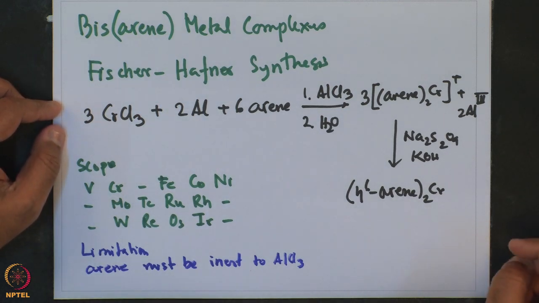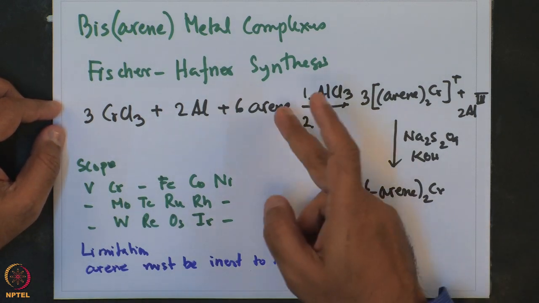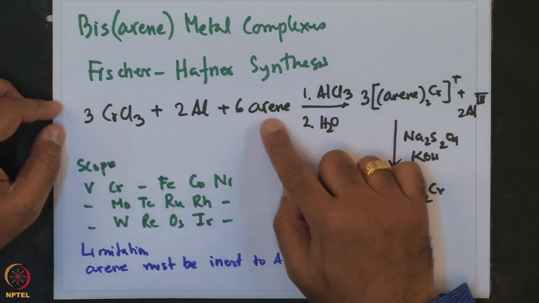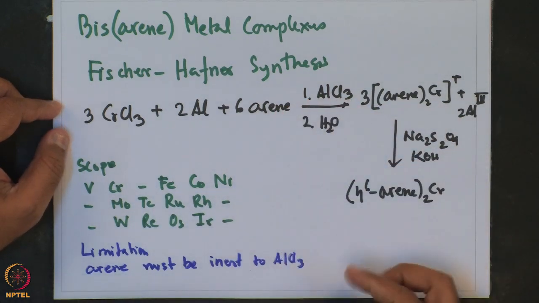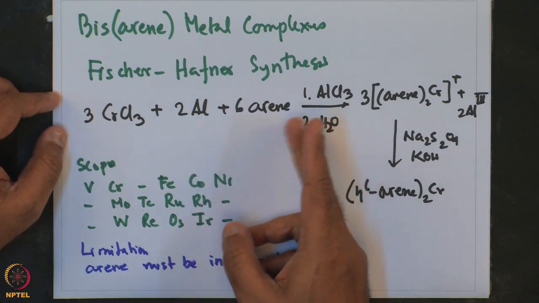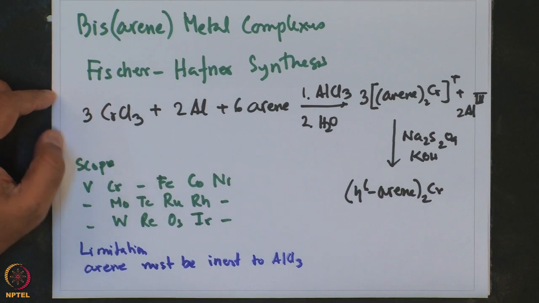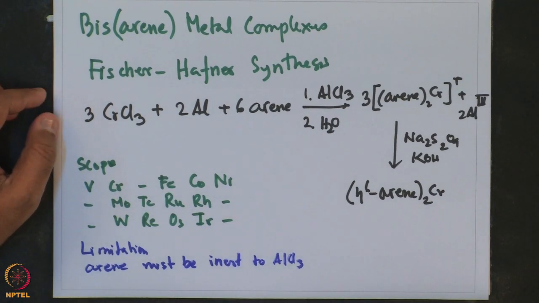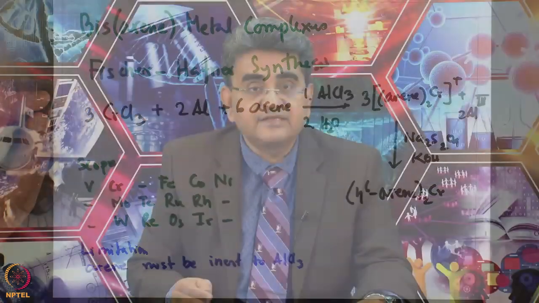So, this does have a limitation that these arenes should not be attacked by AlCl3. Otherwise, if that is not the case, then this Fischer-Hafner synthesis is quite a useful synthesis for preparing these bis-arene transition metal complexes. So, we are going to dwell upon some other interesting reactions which are useful for preparing these bis-arene complexes.